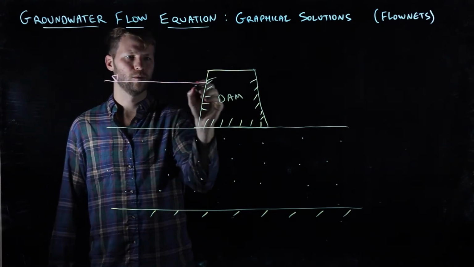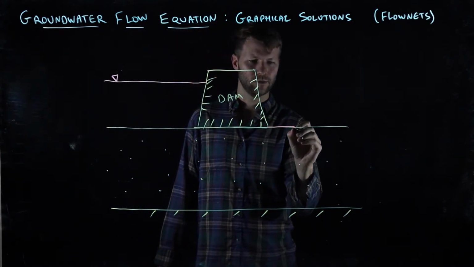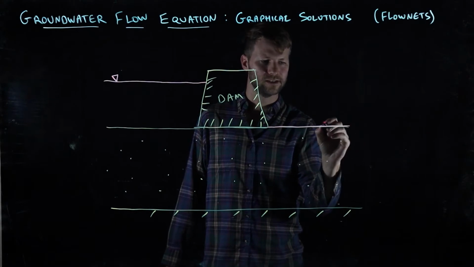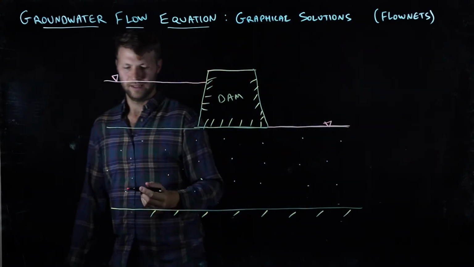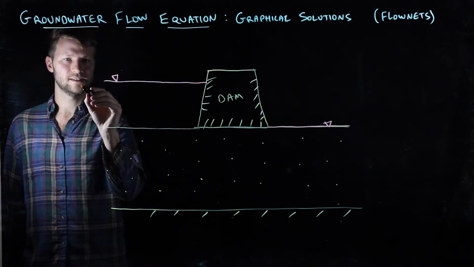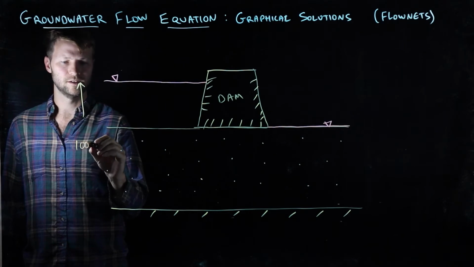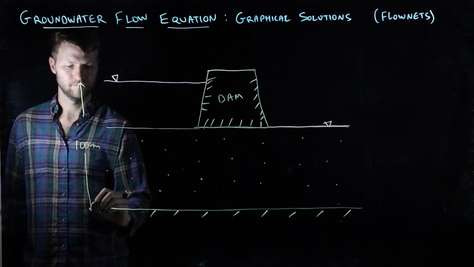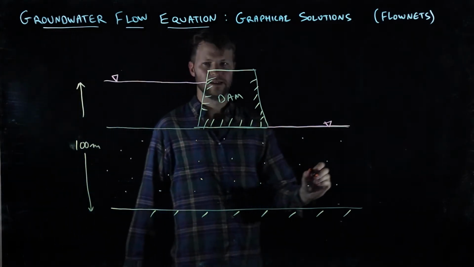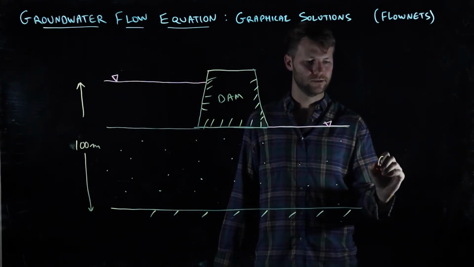So we've got water here. And then on the other side of the dam, the water table is just at the ground surface here. And we will say that this height here is 100 meters above our datum, and that this one here we'll say is 60, maybe not perfectly drawn to scale.